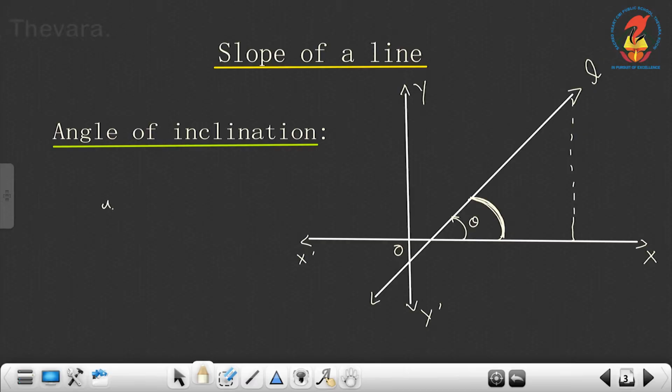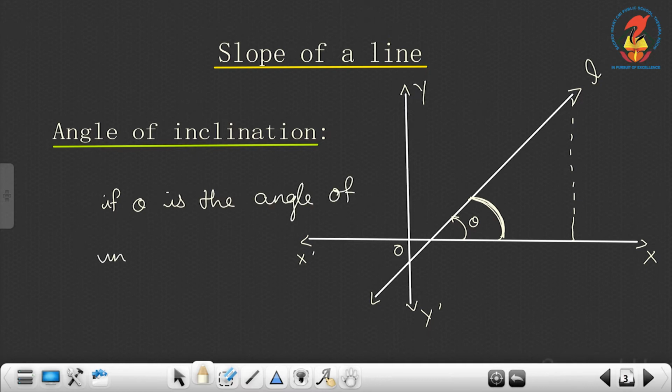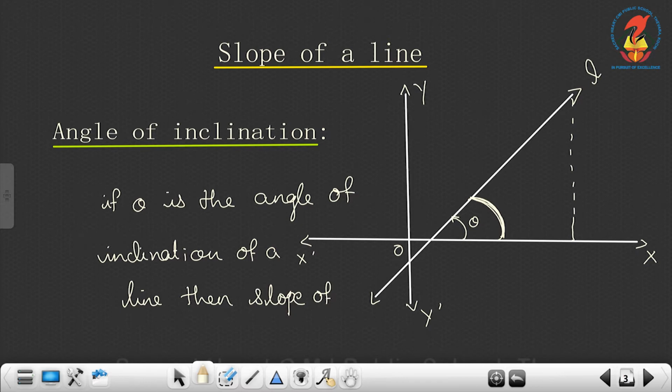So, if theta is the angle of inclination of a line, then slope of the line is defined as tan of theta.